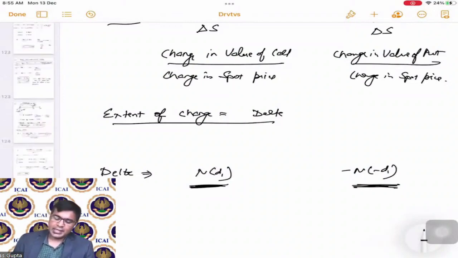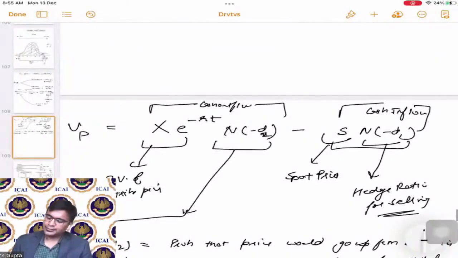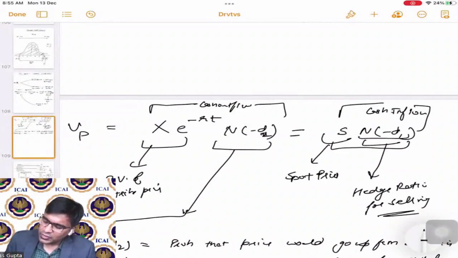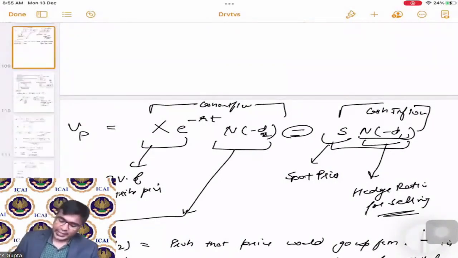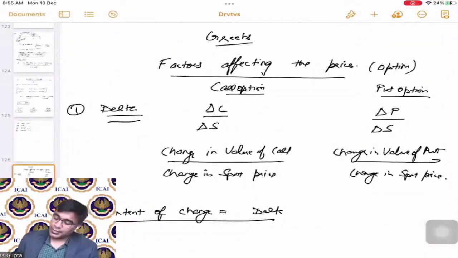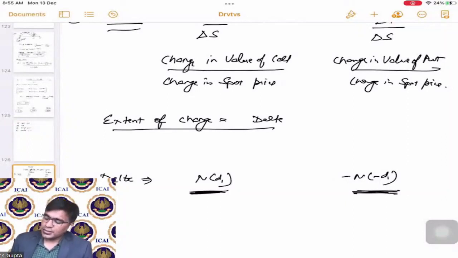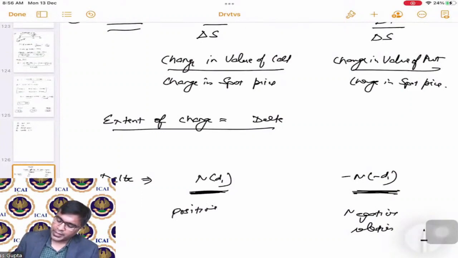Now this minus N(minus d1) comes from the value of the put. This minus sign is there because there is a reverse impact. Students, please note there is another way to remember this: there is a negative relation. The call option has a positive relation with the spot price.